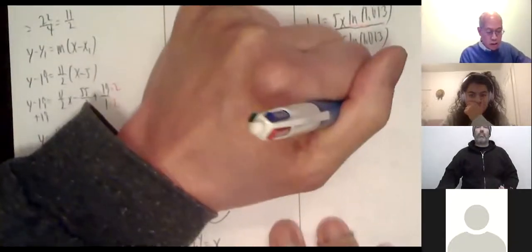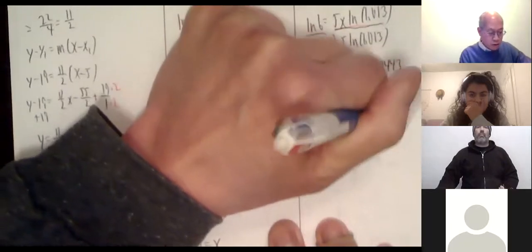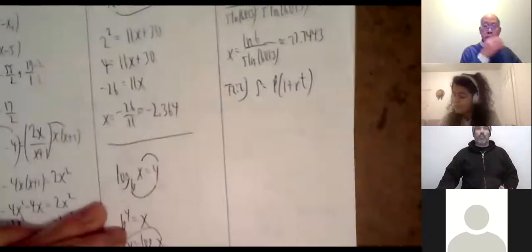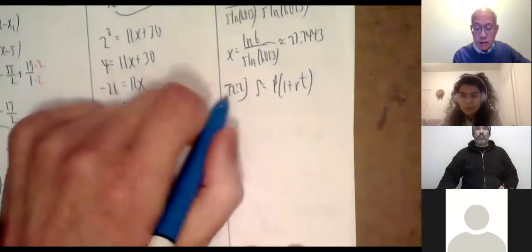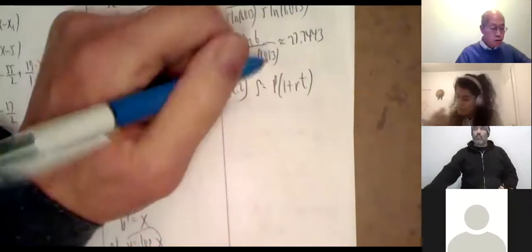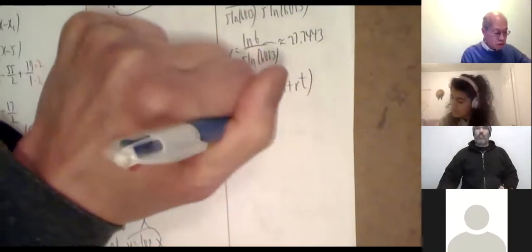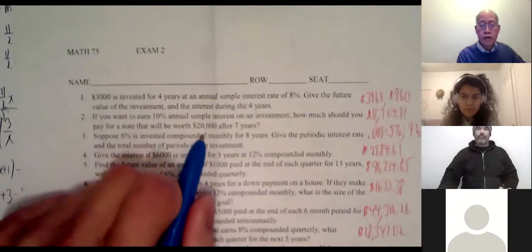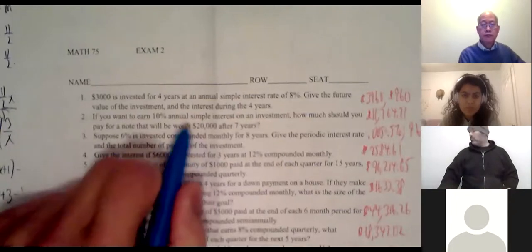Okay. So S is P times 1 plus RT, using that formula. It'll be worth $20,000, so $20,000 goes here. You're not investing $20,000, it'll be worth $20,000. So that's the S by the formula.